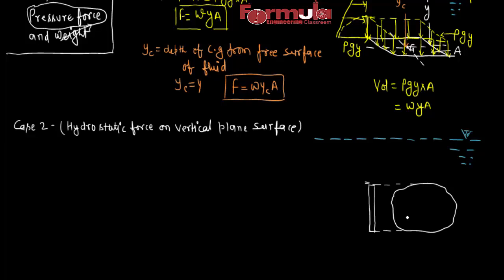To solve this type of case, let's first consider a strip of area dA, and let this be at a distance y below the free surface of the fluid. This is the front view, and in the side view, here is the strip.